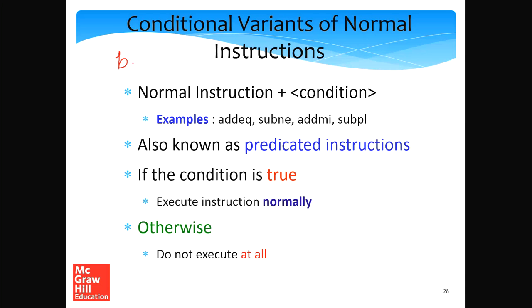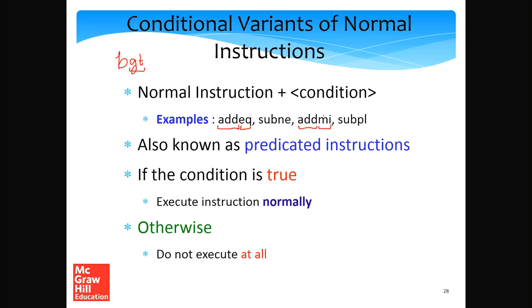So previously what were we doing? We were putting them after the B instruction. It is not necessary. After a lot of normal instructions like add, subtract, multiply, we can suffix the conditions as well. So for example, we can have add with the condition EQ, or add with the condition MI.